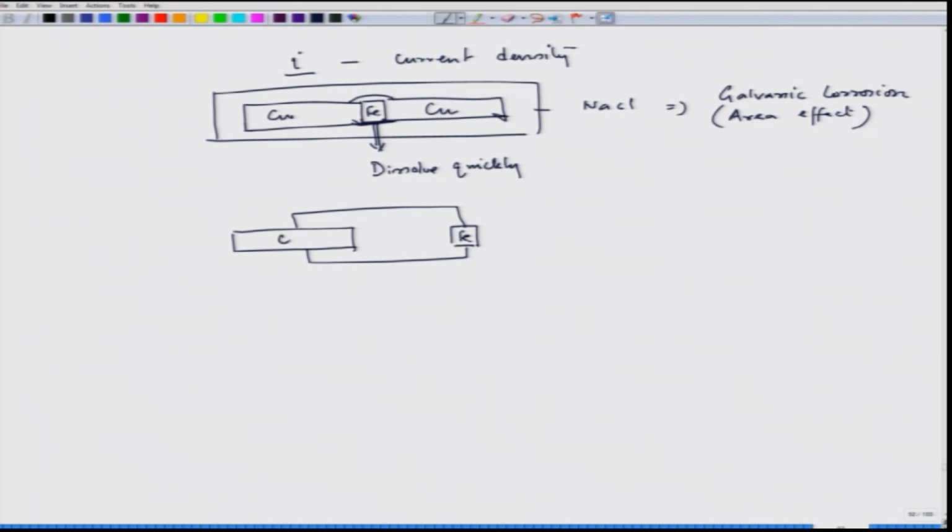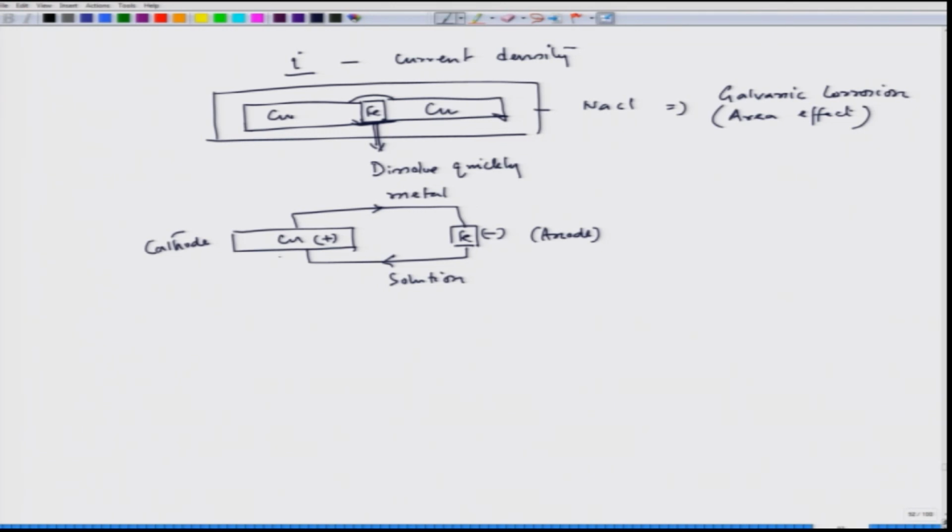Here the current flow takes place, this is positive, this is negative, because this is the anode. This will definitely form a galvanic cell, this is the cathode, with current through the metal, and through the solution. That way the total circuit is complete.